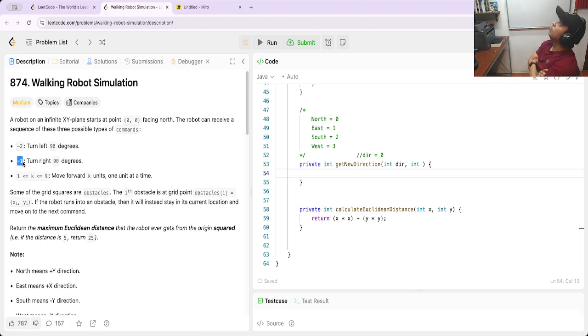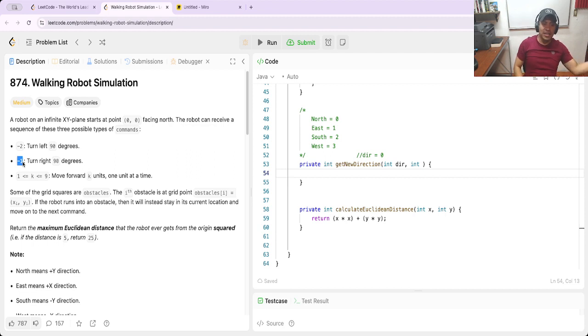How can I calculate this change of direction? My first idea is basically to have many ifs. If you are looking to the north and you have less 1, okay, basically change the direction to the east.